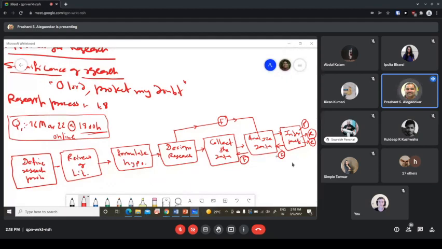Then this will drive you to ask, can I analyze data in this fashion, or can I have a different perspective to formulate, design my research, and things like that. So right from the designing of the research to its publication, it is completely a feedback loop.